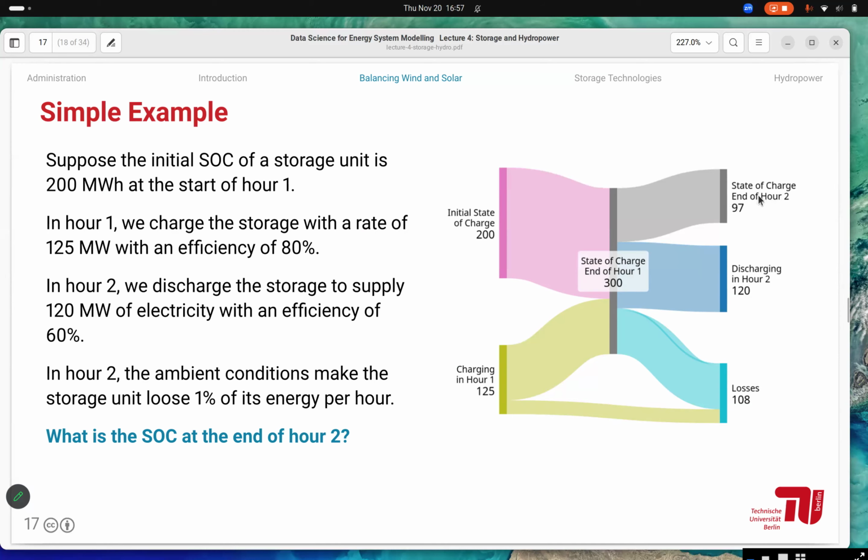So we end up at a state of charge of 97 megawatt hours. And if we neglected the standing losses, it would be 100. Would just be subtracting the 200 that we take, for example, out of 200 megawatt of hydrogen that we would take out of storage, for example, to put into electricity or convert into electricity.